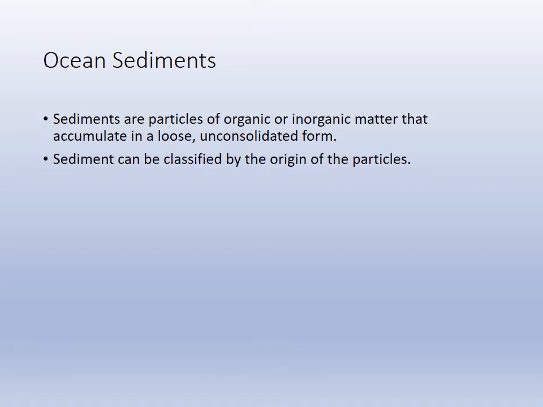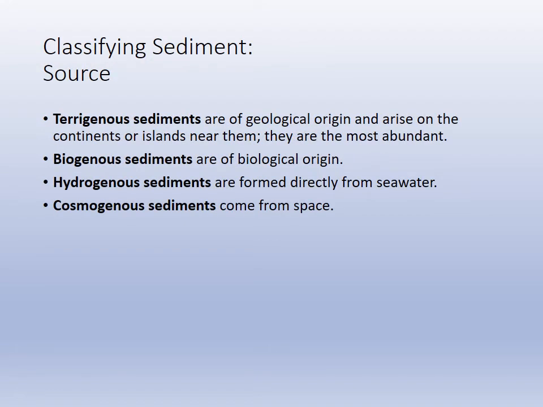It could be clay because clay is so small, so that would be a minor land influence. Or they're also called biogenous because they're from the sinking of biological particles. So terrigenous is land-based, biogenous is biological. Hydrogenous precipitates directly from the seawater, generally due to temperature change, and cosmogenous comes from space.